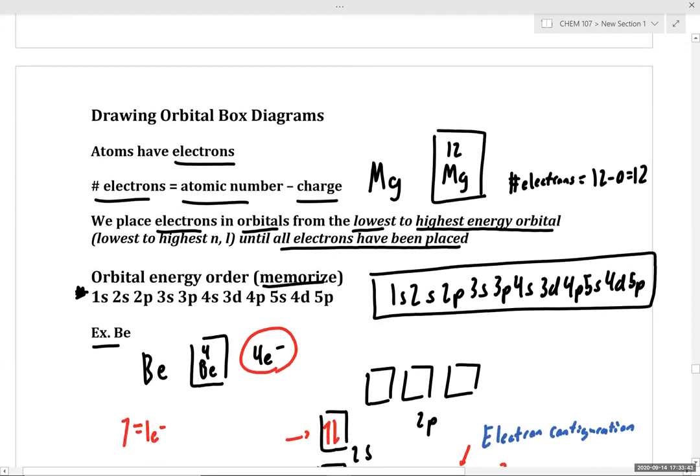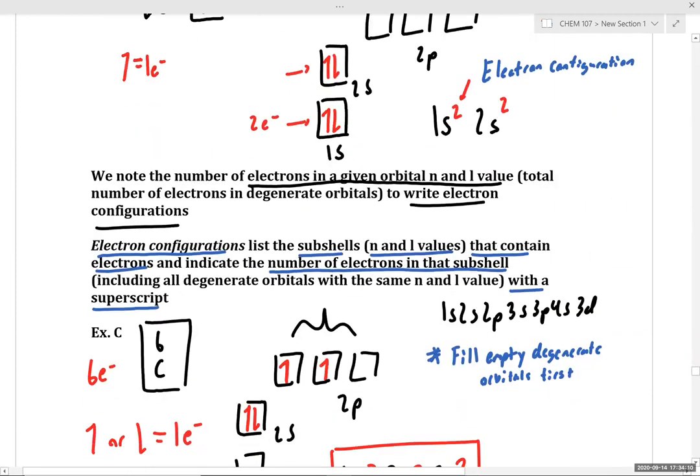So for neutral magnesium, we can figure out the number of electrons by finding the atomic number, which is 12 in the periodic table, and subtracting the charge, which in this case is 0. So this is how you can count electrons from the periodic table given an element's symbol and the charge, just like what we did for isotope notation. Oh, yes, okay, thank you. Perfect.